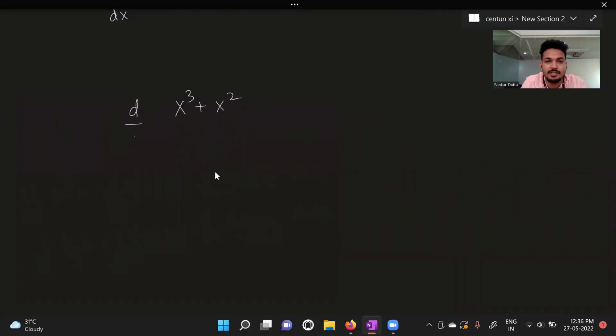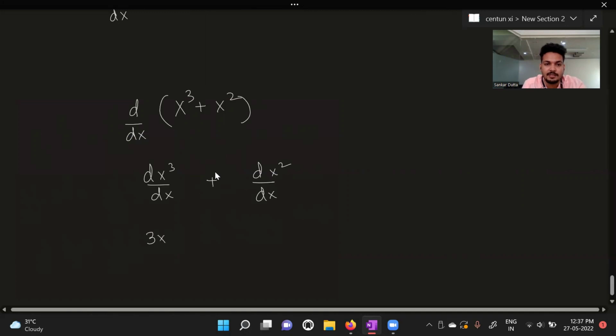If I want to differentiate x cube plus x square, this entire thing, I can differentiate x cube first and then differentiate x square later on and then add them together, right? So what is the differentiation of x cube? It will be 3 times x square plus 2 times x raised to power 1. Tell me if you got the same answer.